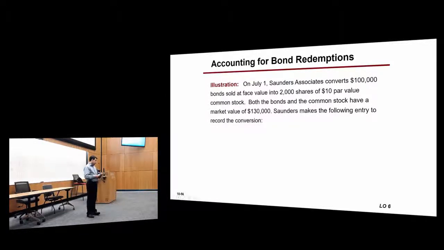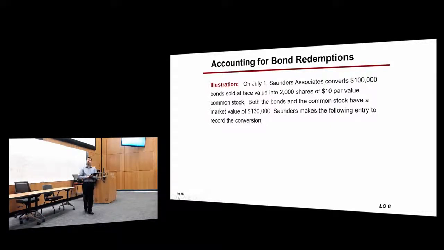Sounded Associates converts $100,000 bonds sold at face value into 2,000 shares of $10 par value common stock. So the 100,000 will be converted to 2,000 shares of $10 par value. What's the value of those common stocks? 20,000.